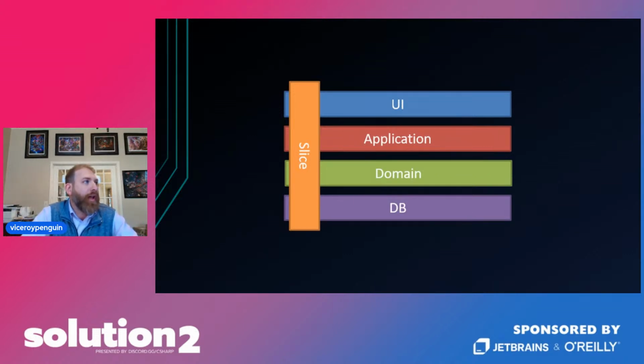Now, one of the misconceptions is that vertical slice architecture means that you can only have one project. That's not really what it means at all. That's a common result, but you can have multiple projects. The better way to separate them is to have an order project and a customer project.